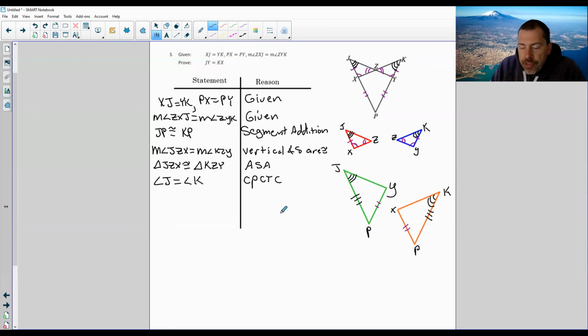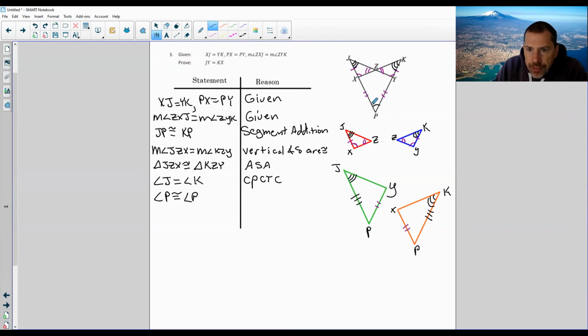But we can now say angle P is congruent to itself. So now I can say angle P is congruent to angle P. Angle P is right here in the diagram.